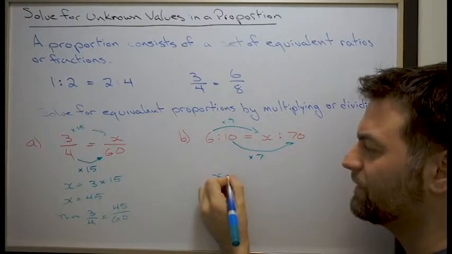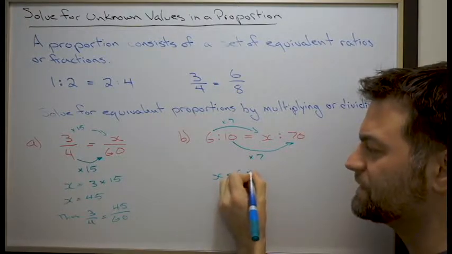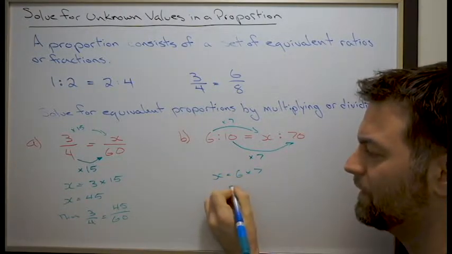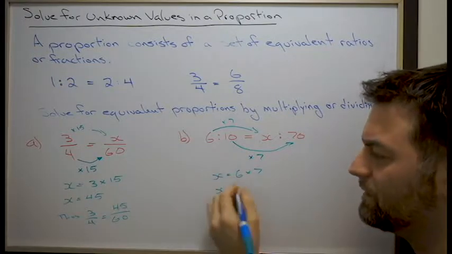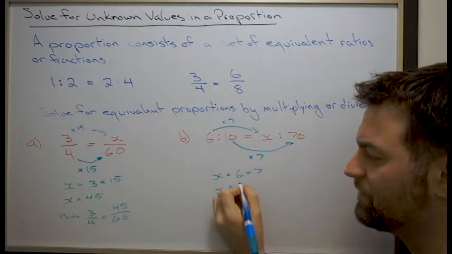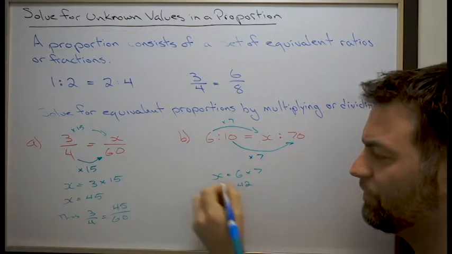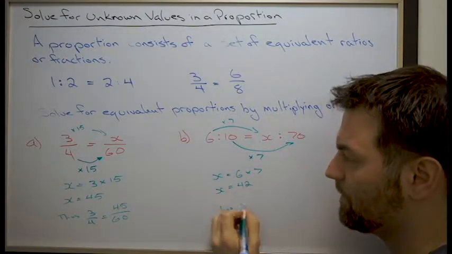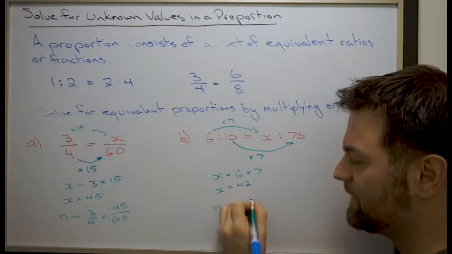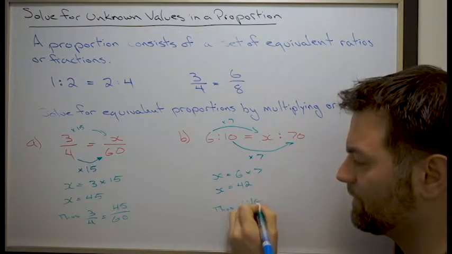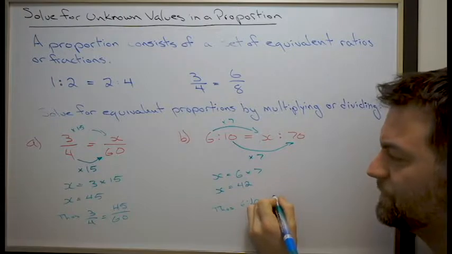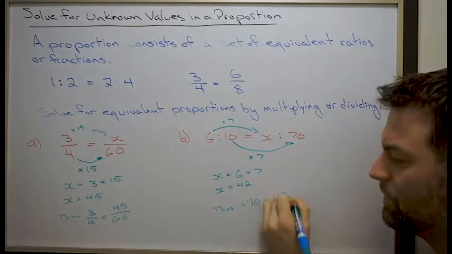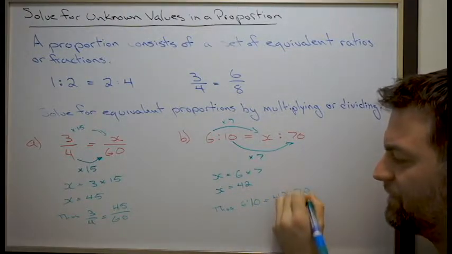So x is equal to 6 times 7, and 6 times 7 is going to give us 42 for our x value. Thus, 6 to 10 is equal to 42 to 70.